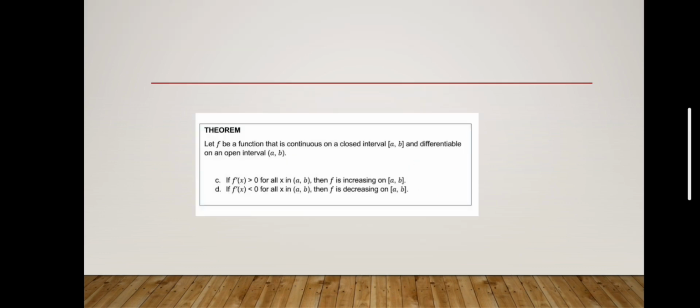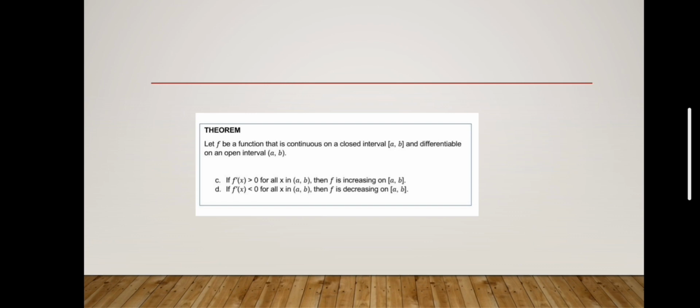So we have here our theorem. Let f be a function that is continuous in a closed interval [a, b], and differentiable on an open interval (a, b). Then if f'(x) is greater than 0 for all x in the open interval (a, b), then f is increasing on the closed interval [a, b].